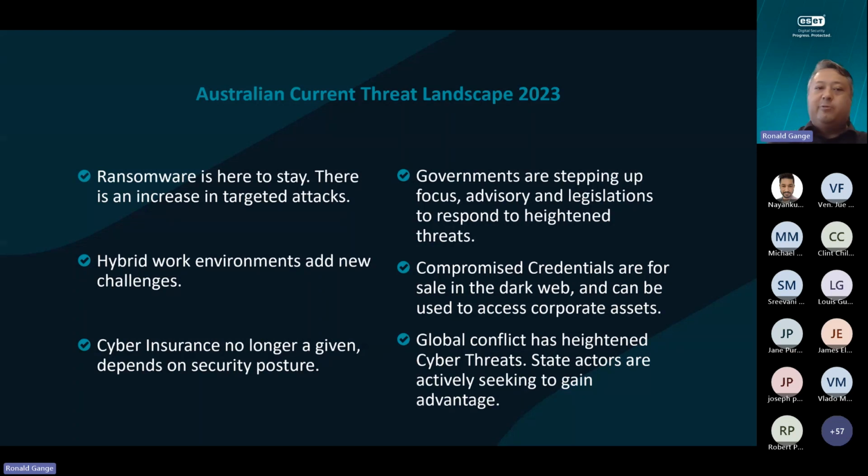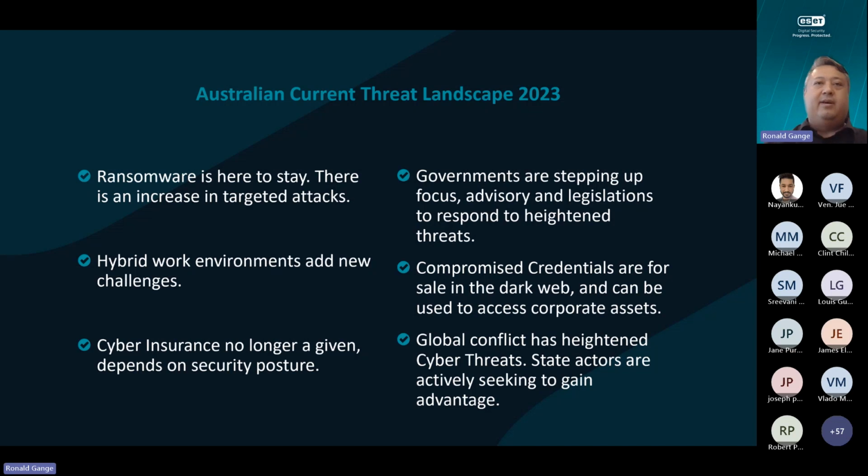But now cyber insurance is no longer a given, and it really depends on the company's security posture. If your company or your customer's company wants to obtain cyber insurance, they need to prove that they're able to maintain a certain level of security controls within the organization so that the cyber insurer won't deem them an unacceptable risk.